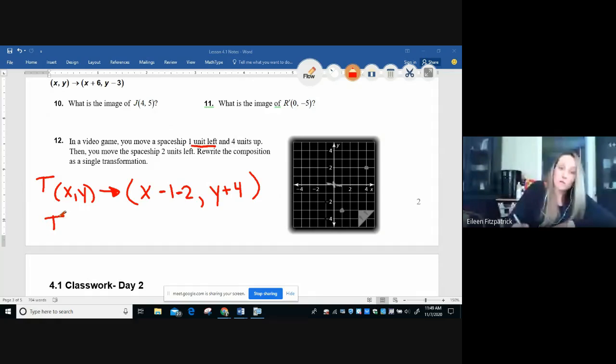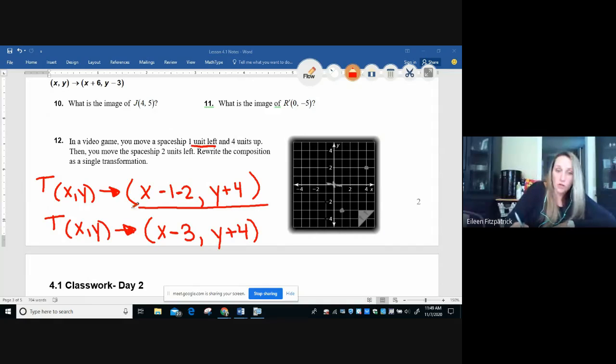I'm going to combine like terms and clean it up a bit to get my single rule. X minus 1 minus 2 really means I'm moving a total of 3 units to the left and then just the 4 units up. That is your single transformation rule for this composition.